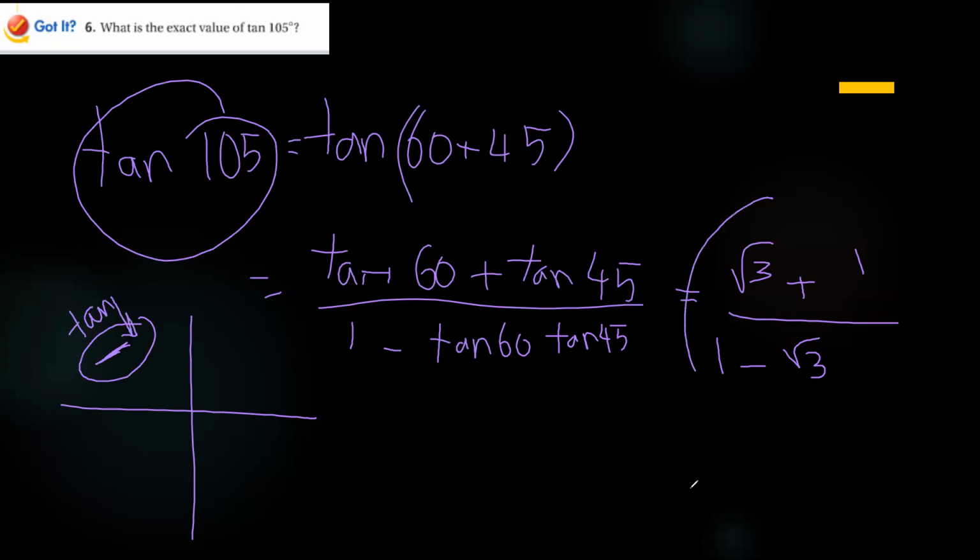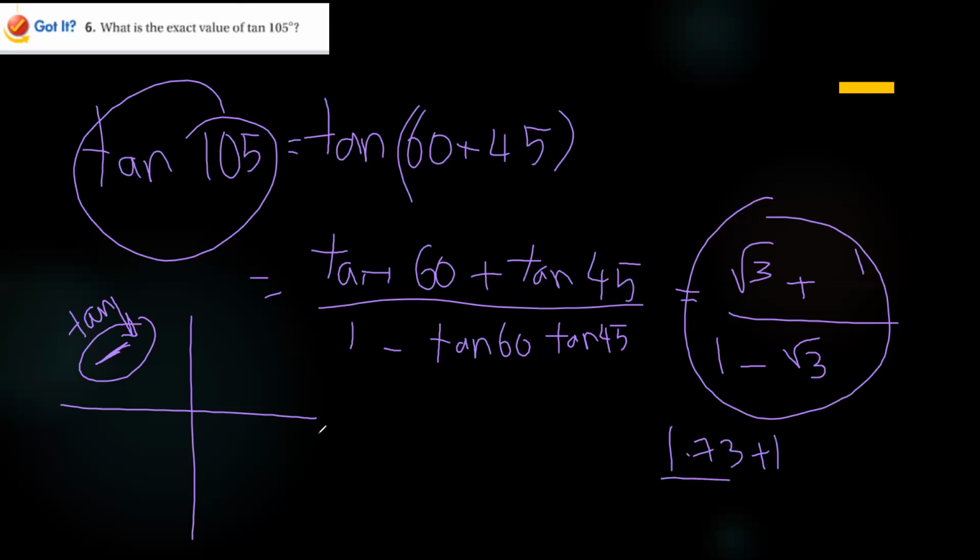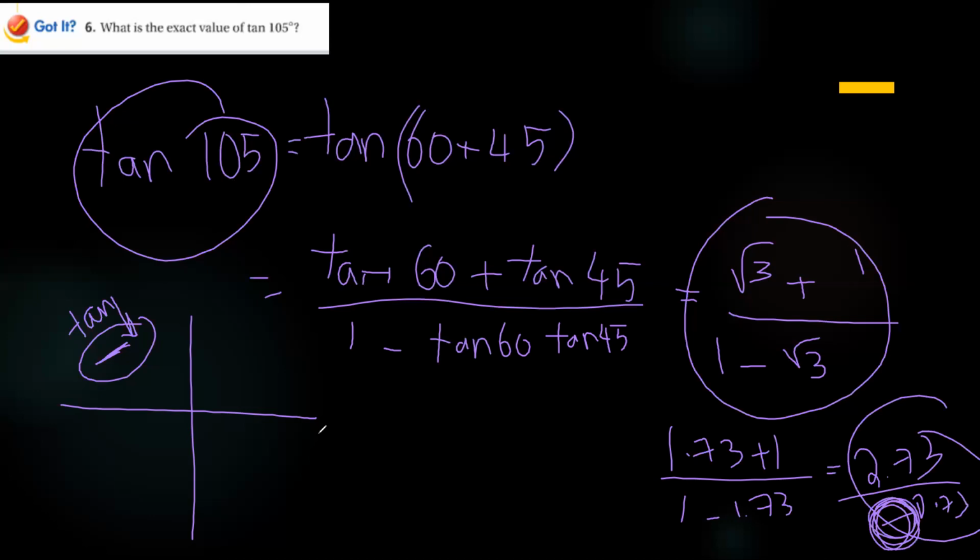If you simplify this answer, square root of 3 is 1.73, so it's 1.73 plus 1 over 1 minus 1.73. If you simplify it, you will find that it's negative. Since 105 is in the second quadrant, as we said before, the answer must be negative.